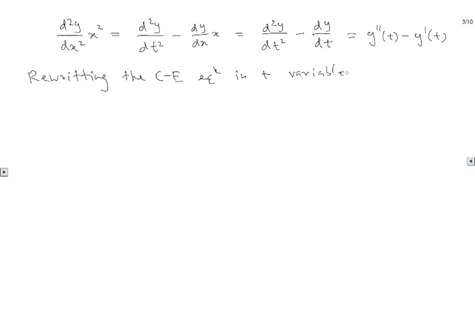Earlier we had a x squared y double prime plus b x y prime plus c y equals, so this is all in terms of the x variable. Now we can transform this into the t variable.